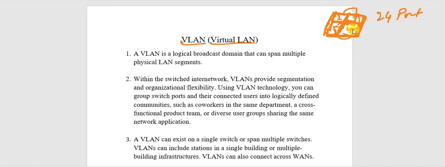The statement says a VLAN is a logical broadcast domain that can span multiple physical LAN segments. Means if we create VLAN 2, we can assign as many ports as we want to this VLAN.